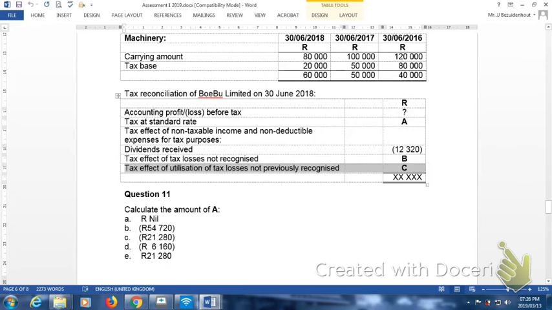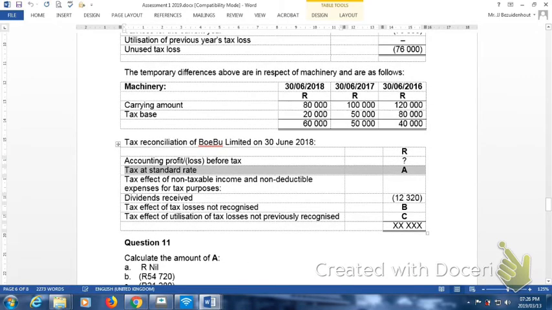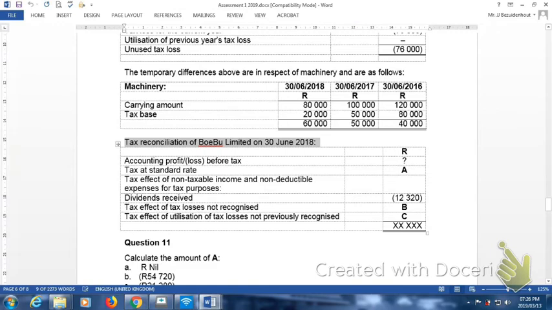Now in question number 11, the question was asked, what is that amount at the standard rate? Now many students made the big mistake here and they said 0. It cannot be 0. Remember, this is your tax reconciliation that you are doing.